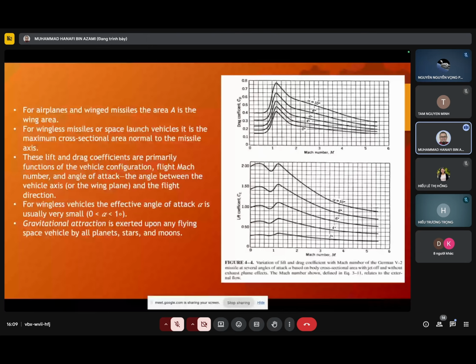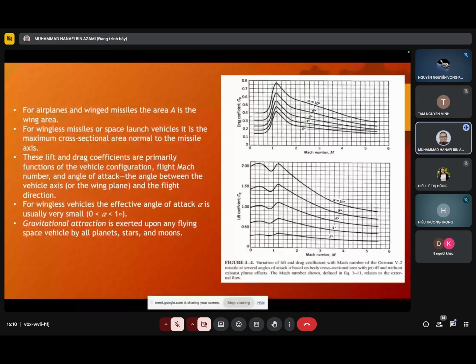Looking at figure 4.4, this one is for the German V2 missile, showing several angles of attack based on the body cross-sectional area, normal to the missile axis, without exhaust plume effect. Let's look at the CD, the drag coefficient.